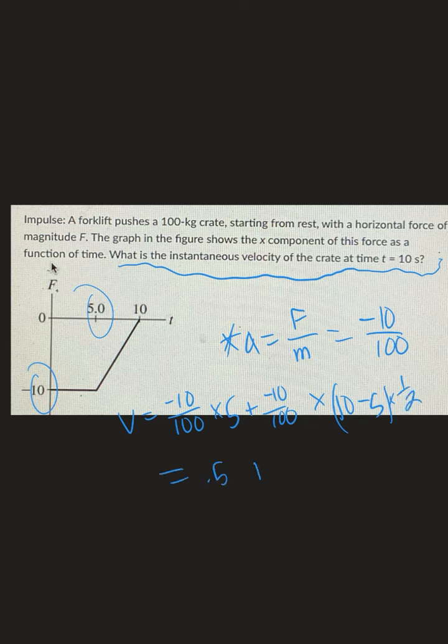That then gives us 0.5 plus negative 0.25, which is negative 0.75 meters per second, which then turned into centimeters is negative 75 centimeters per second. That is our answer.